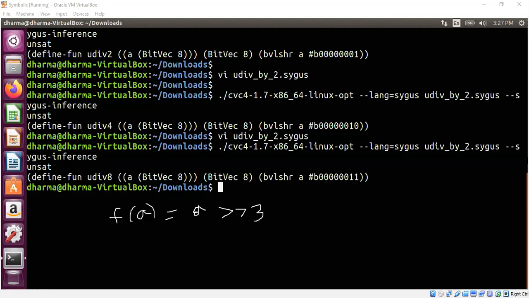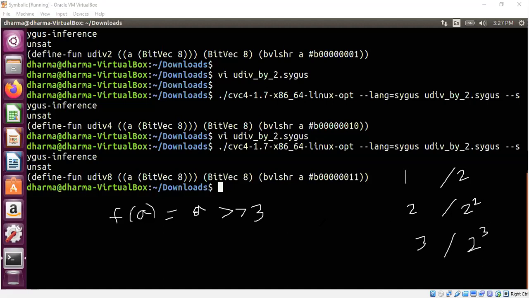When we right shift by 1, we are actually dividing it by 2. When we right shift by 2, we are actually dividing it by 4. So this pattern is emerging slowly. When we did a right shift by 1, we were actually dividing it by 2. When we did right shift by 2, we were dividing it by 2 square. And when we did just now right shift by 3, we think this is 2 power 3, right?